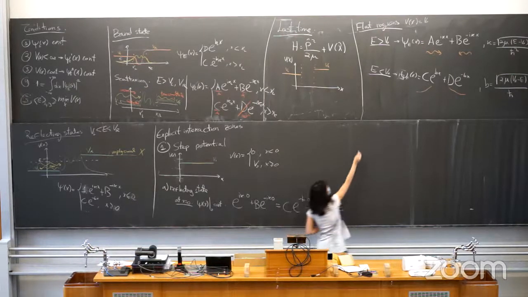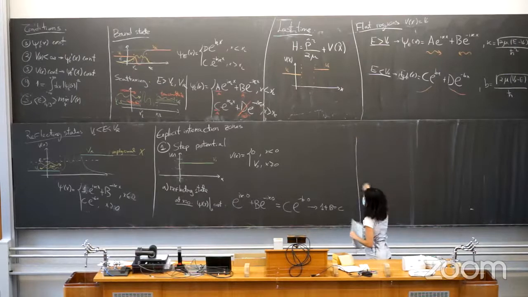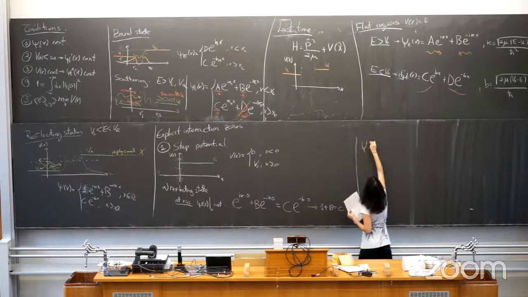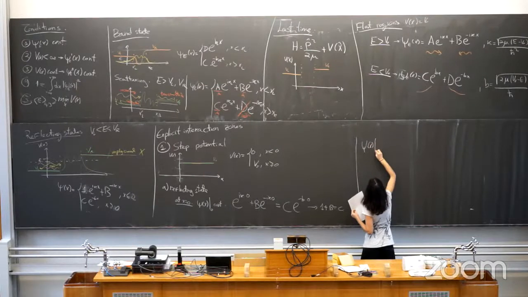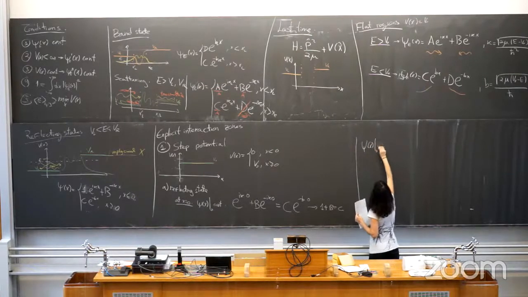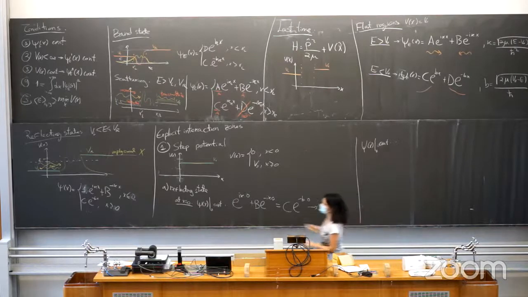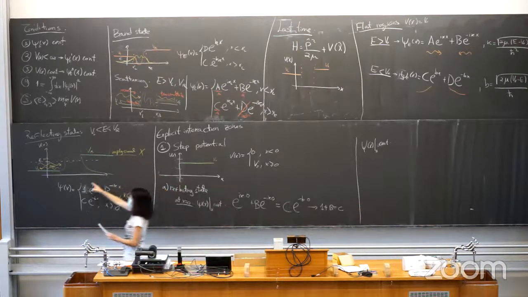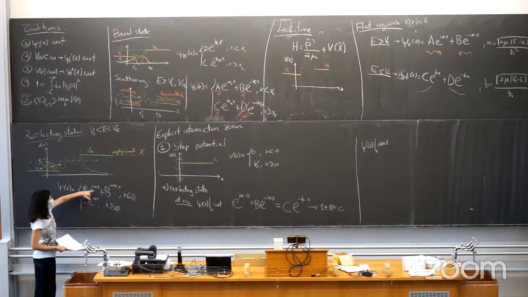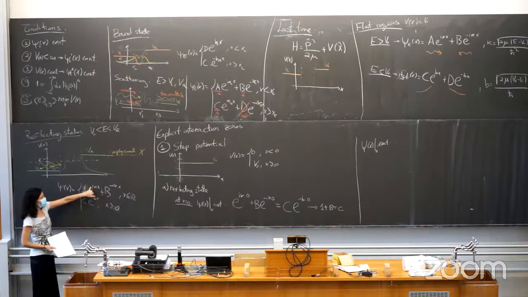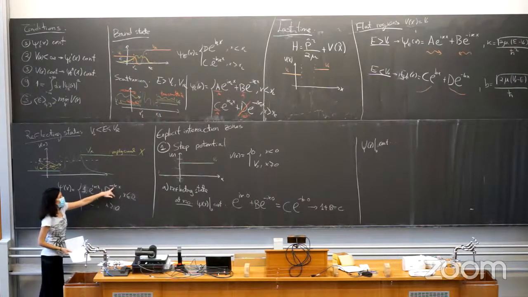Now we need that also the first derivative must be continuous. So we just take the derivative of this. If you take the derivative in x, you get a factor of ik here, minus ik there, and minus κ there.